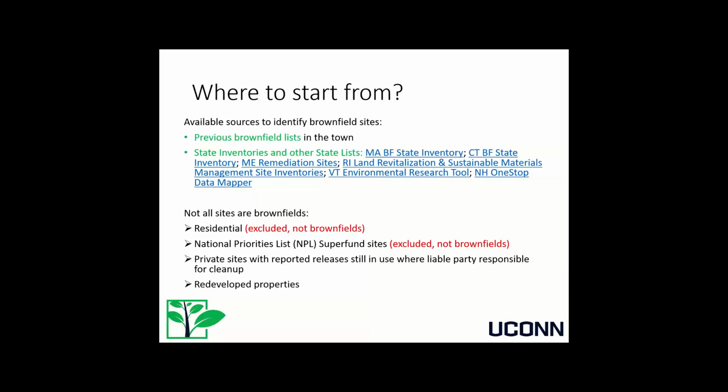That's why the first thing is to ask the town or the city if there is any previous brownfields list available. If there is, you can definitely start from that and see which sites should still be in the list and which sites have been redeveloped. So that is definitely a very good starting point.